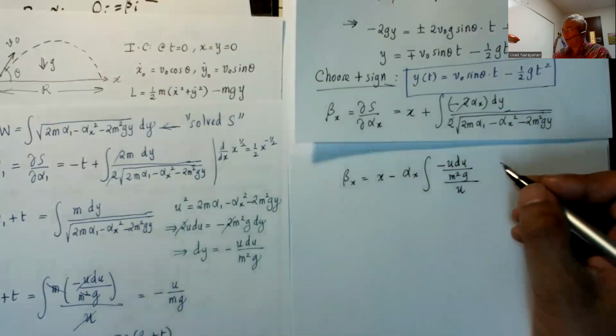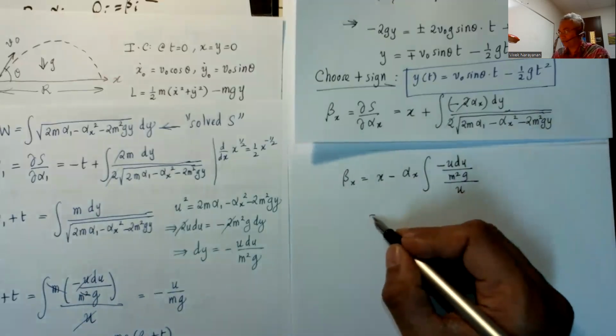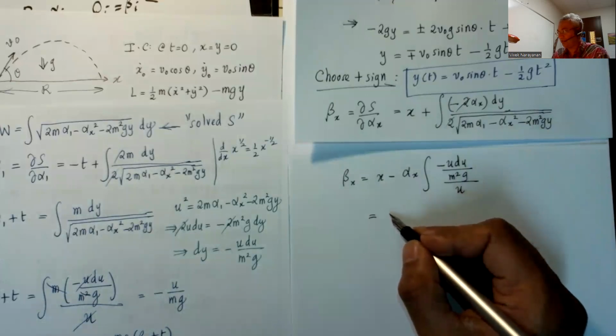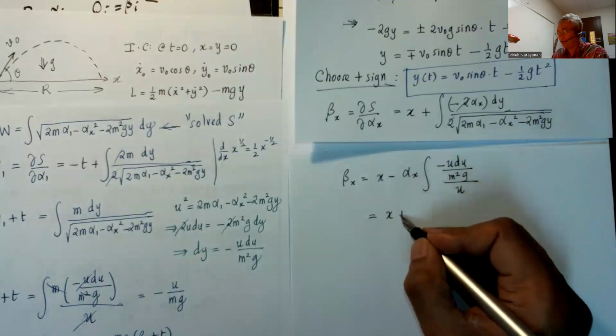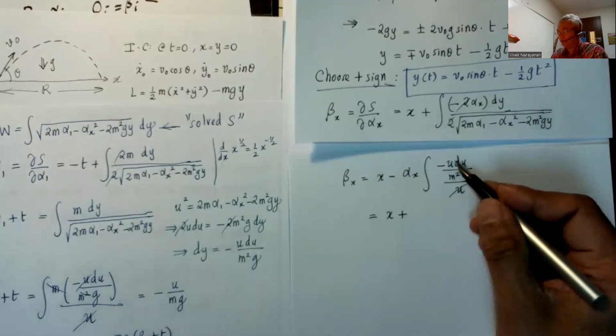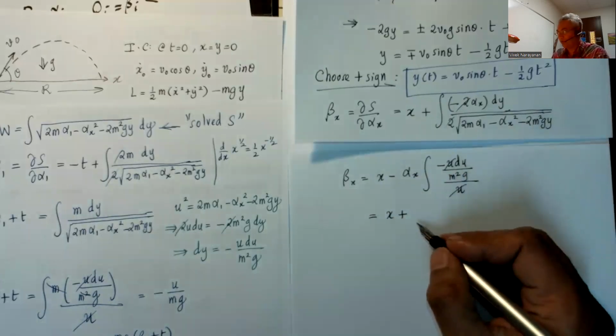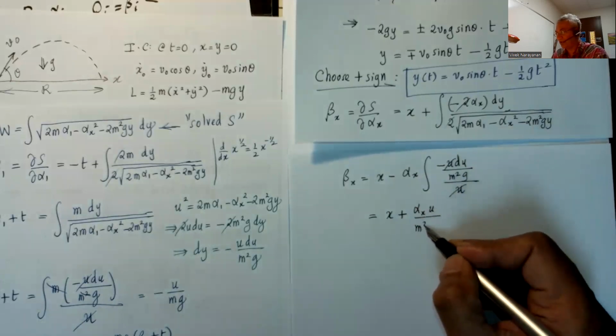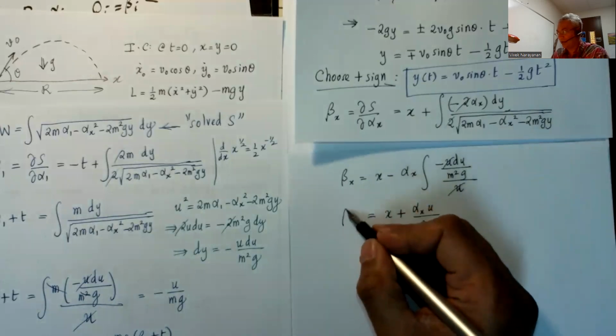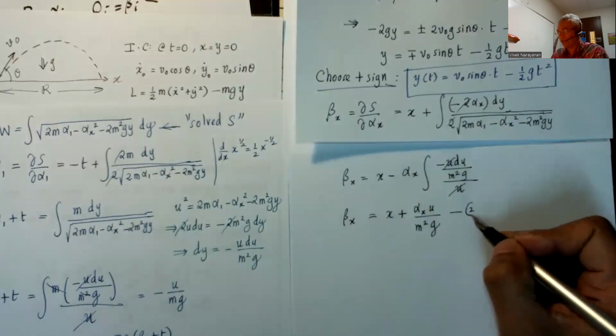Exactly the same thing. So the 2 negative signs now cancel out. So I get x plus. The u's cancel out. So I just get u when I integrate. So I get alpha x times u over m squared g. And that's equal to beta x. I'm going to call this 2.